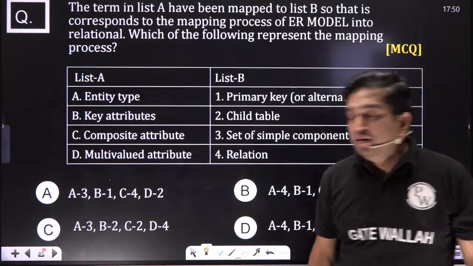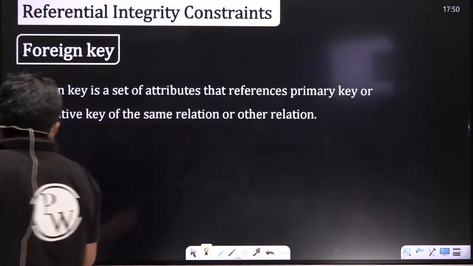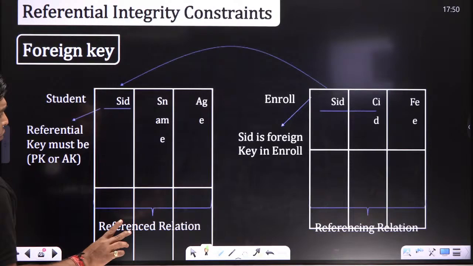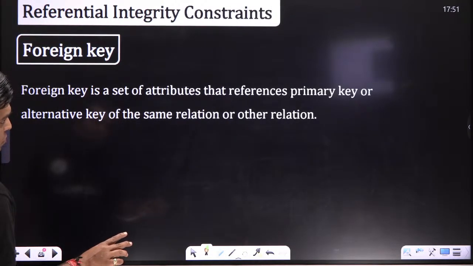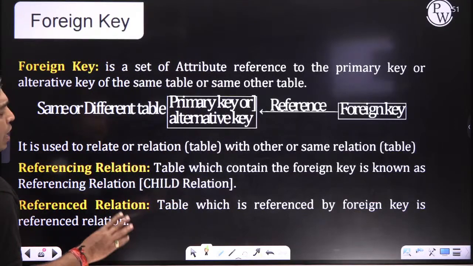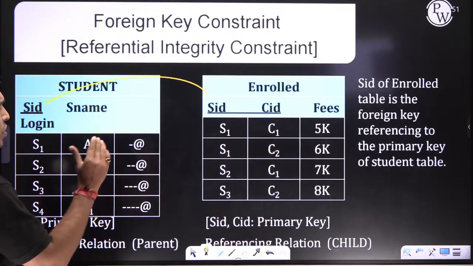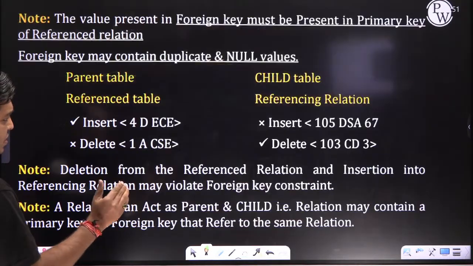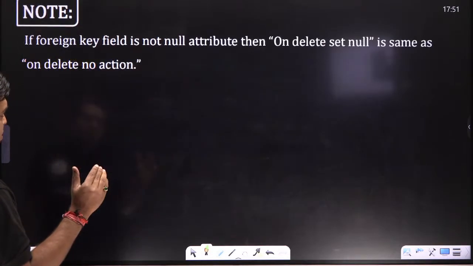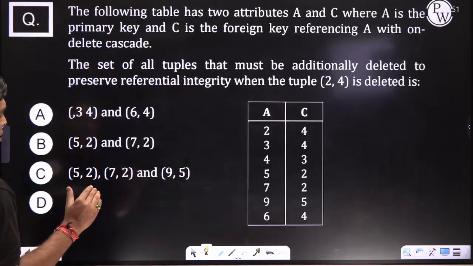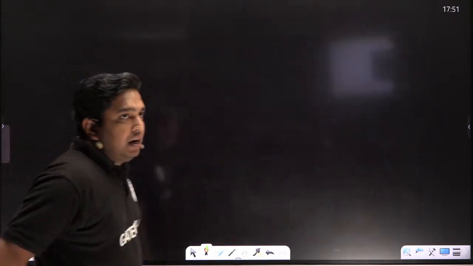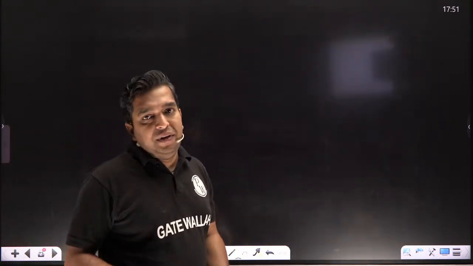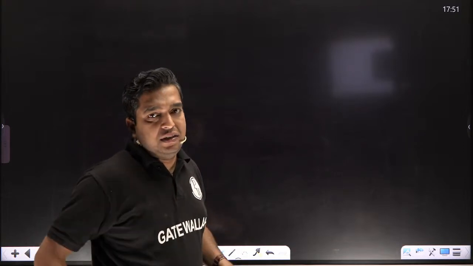And for the foreign key, what do we do? I am giving this as a PDF. You will read it, then we will discuss. I will upload these things in a PDF, then we will discuss in the next class.